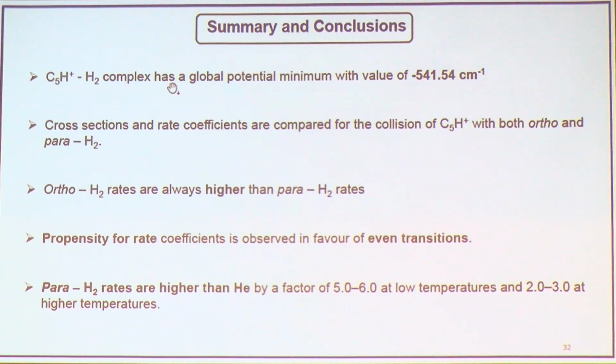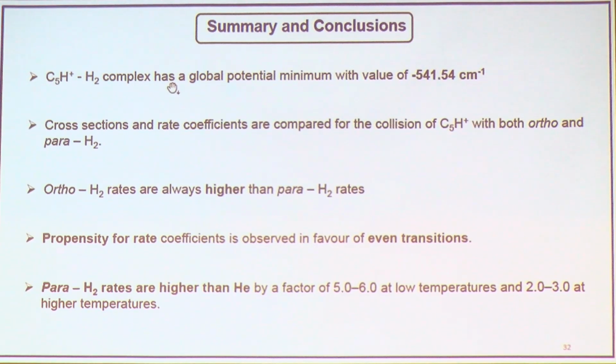Coming to the summary of C5H+ with H2, we got the global minimum having a well depth of minus 541.54 centimeter inverse, and the cross sections and rate coefficients are obtained for both ortho and para hydrogen collision with the C5H+. As in C5, the ortho hydrogen rates are always higher than those of the para, and in this C5H+ molecule, we found that the propensity for even transitions is higher in the rate coefficient values.